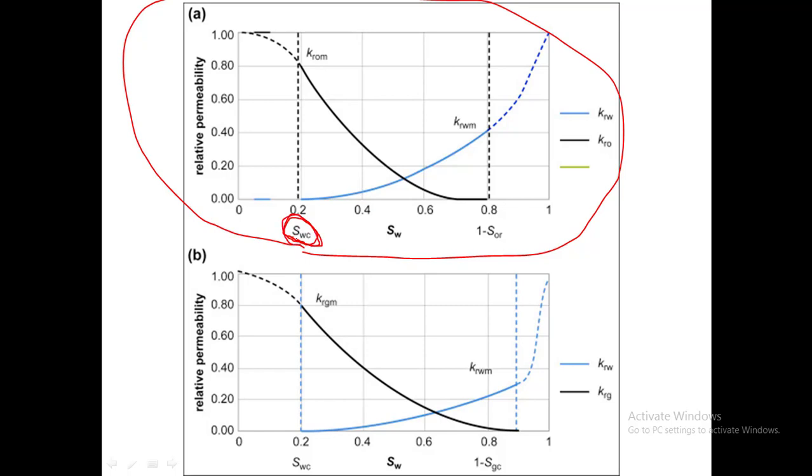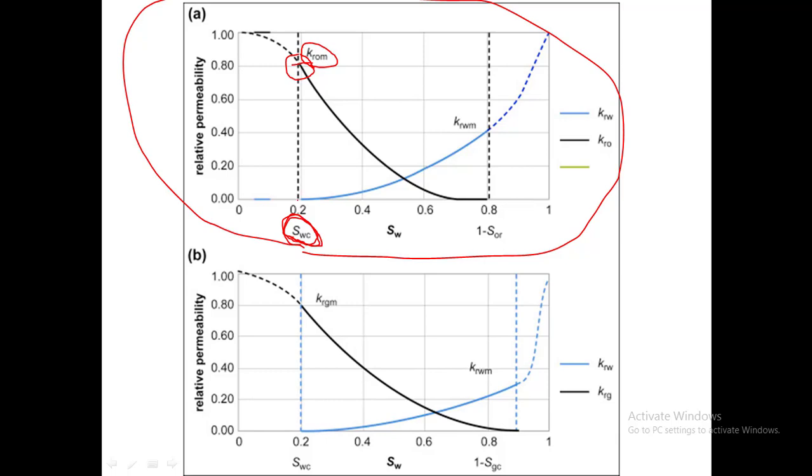Okay, so if you look at this point, it is the movable oil relative permeability, KROM. Movable oil relative permeability is the capacity of oil to move by itself. So at this point it will be maximum.